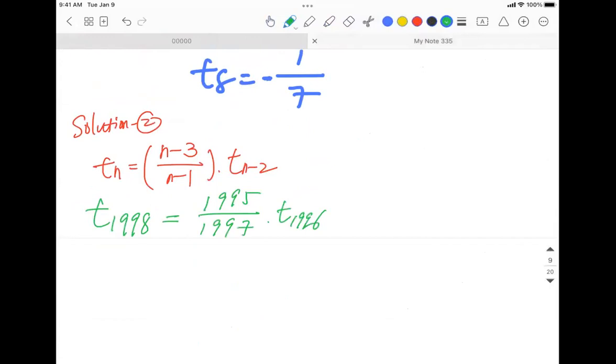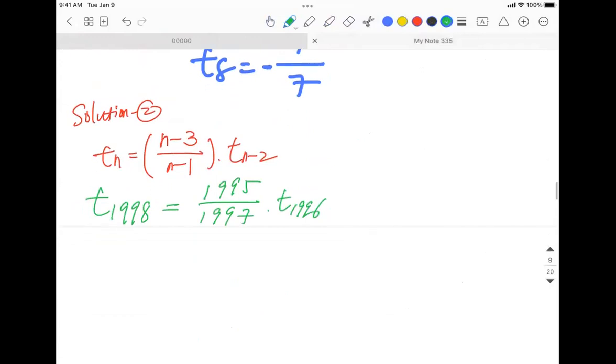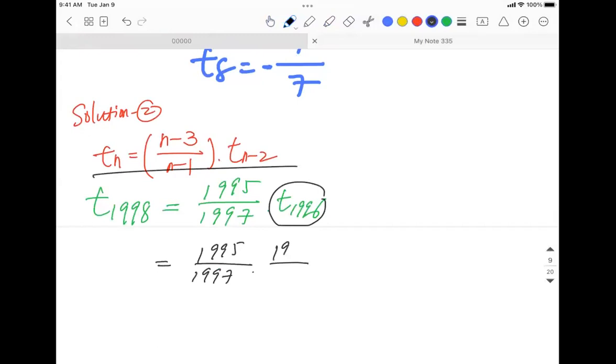Is that right? This is quite understandable. But what's the value for T1996? We can use the definition one more time. That guy is going to be equal to, I'm going to write it here, 1995 times 1997, and T1996 will be 1993 times 1995 over T1994. Is that right?